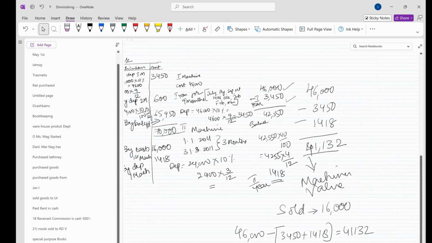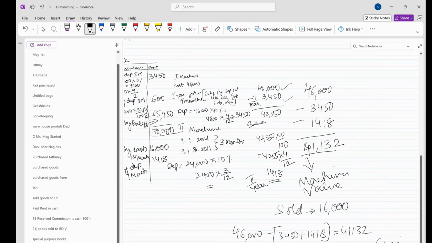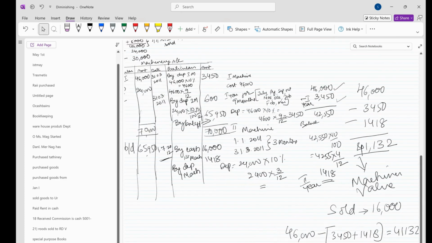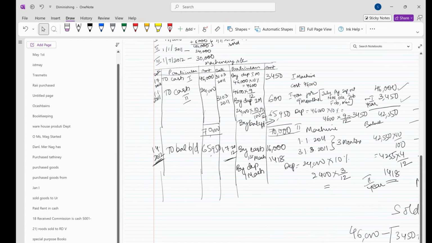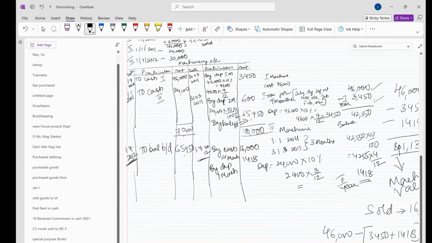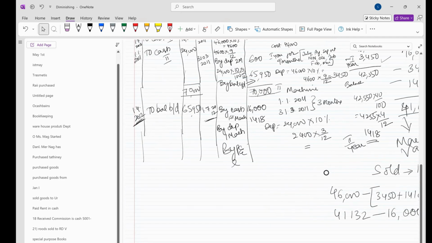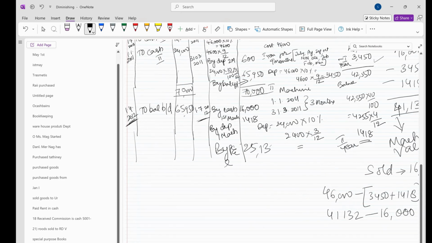This is your loss. Okay. If you get profit, you'll write this side. If you get loss, you'll write this side. So by profit and loss, how much loss is 25,132.